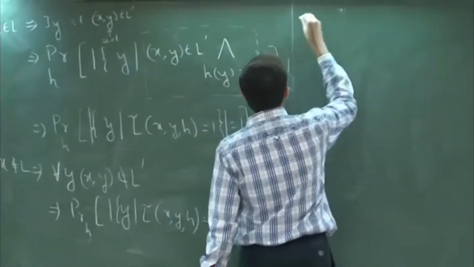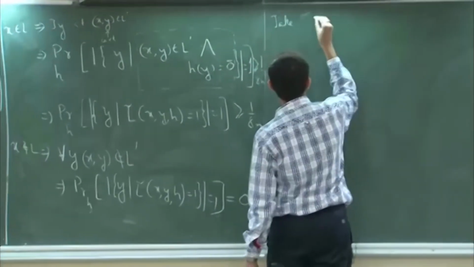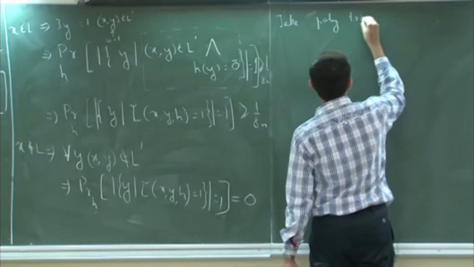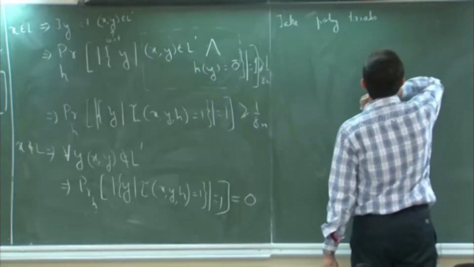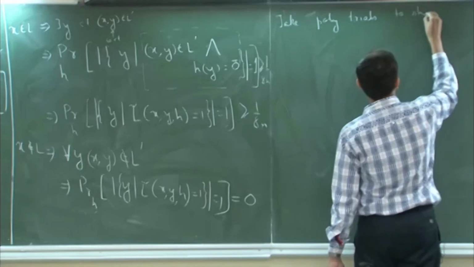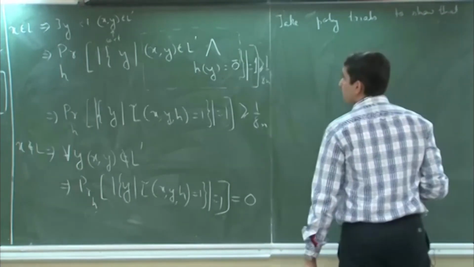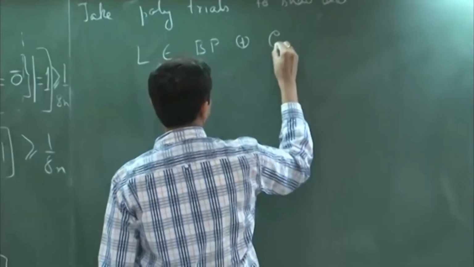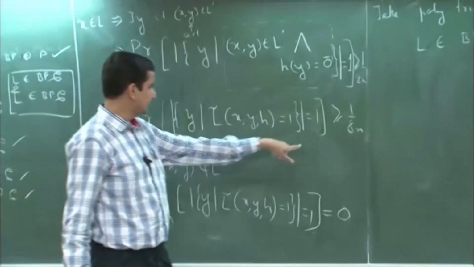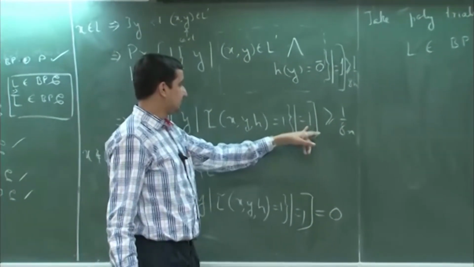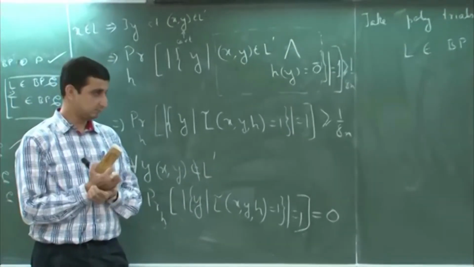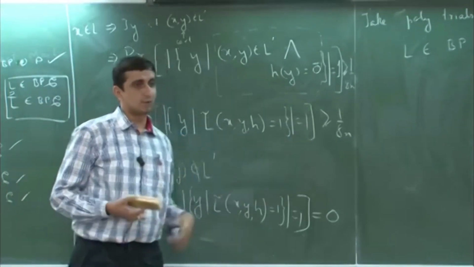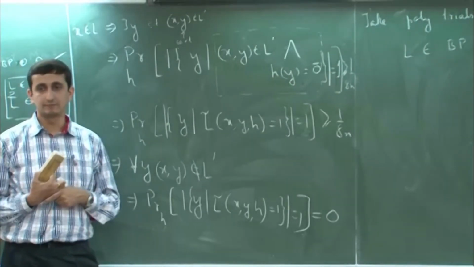So take some polynomially many trials to show that L is in BP dot parity dot C. Once again, I have stated this as just one solution, but you can interpret this as an odd number of solutions, because of course if I take many trials, this property will not be preserved, but what will be preserved is the parity of the number of certificates.